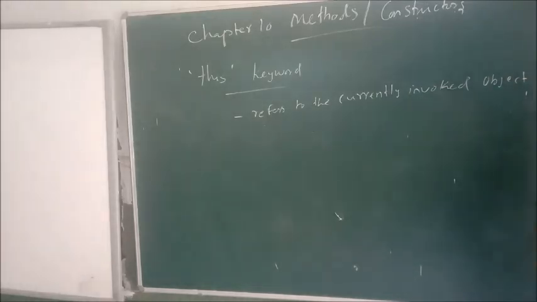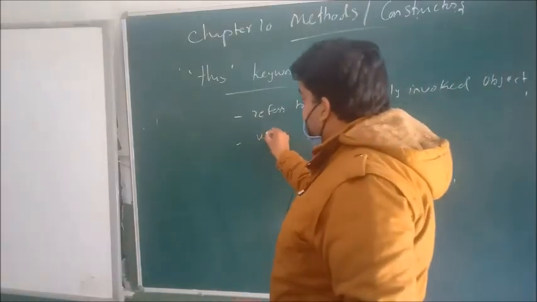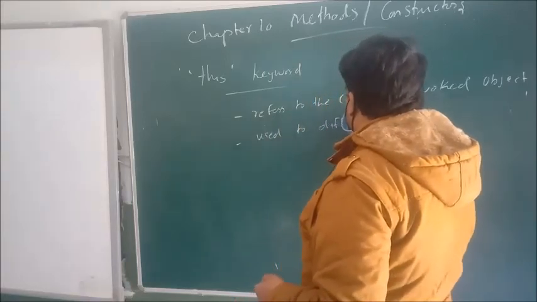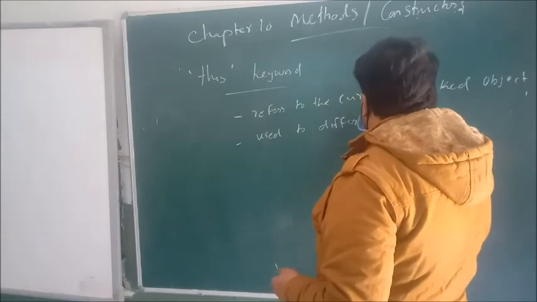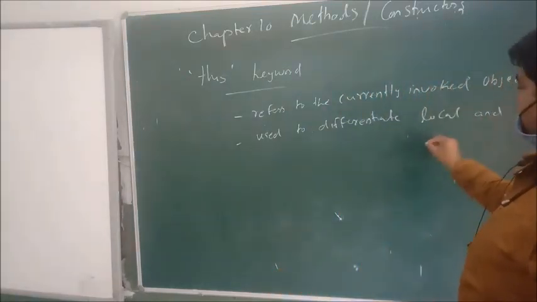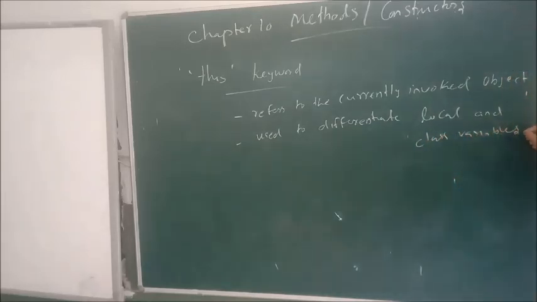That's fine. It refers to the currently invoked object. And another point we can say: it is used to differentiate local and class variables. So these are the two points you can add. So the this keyword refers to the current object. It is used to differentiate the local and class variable.